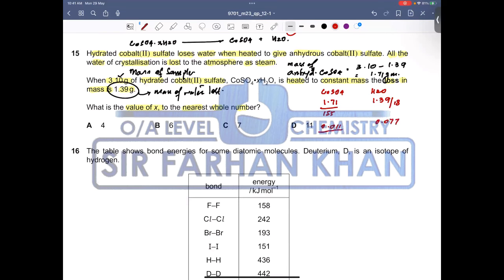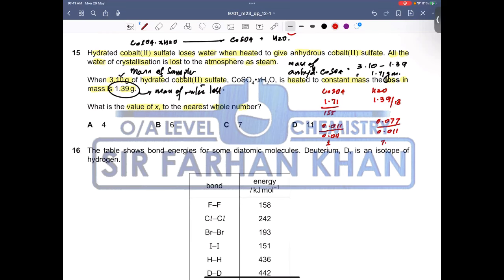Now 0.011 is the least value. We need to divide in order to get the simplest ratio. So it's going to be 1, and 0.077 divided by 0.011 is going to be, I think, 7.02. So 7.02 is going to be C. Okay, I hope it makes sense to you.